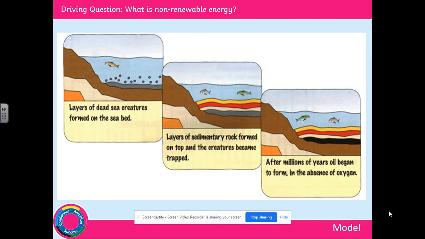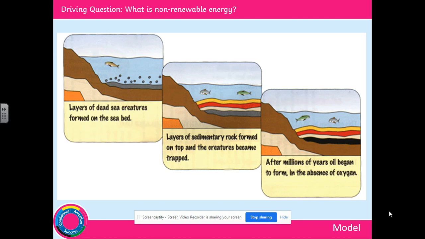Now, this is how crude oil is made. Yes, crude oil. That commodity that countries fight over, that countries become rich from selling. Now, the picture one, layers of dead sea creatures formed on the seabed. So list as many sea animals that you can possibly name or remember.